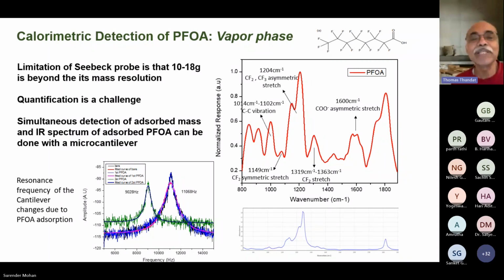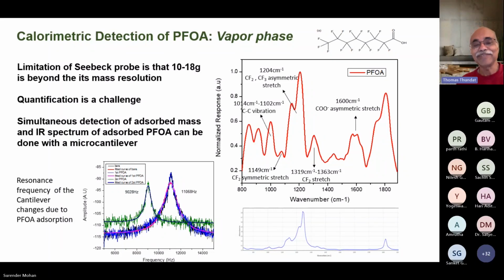And that's what is shown here. This is PFOA, another PFAS, and the bottom part shows the resonance frequency change. And as you know, this is a long cantilever, almost 500 micron long.